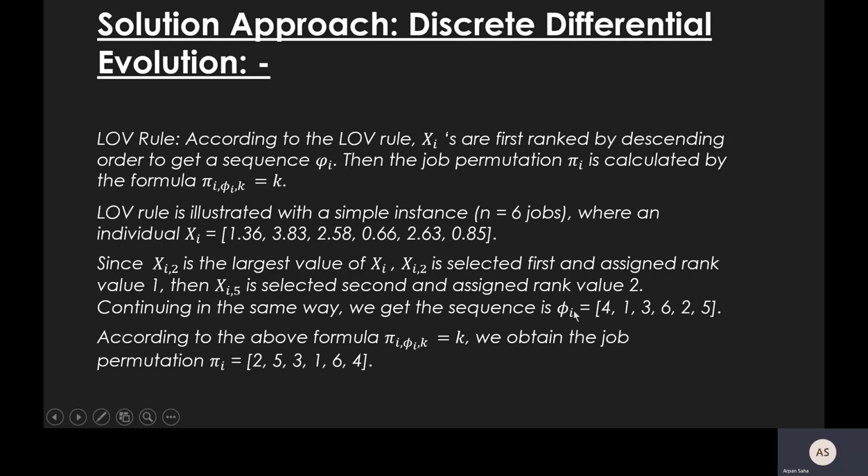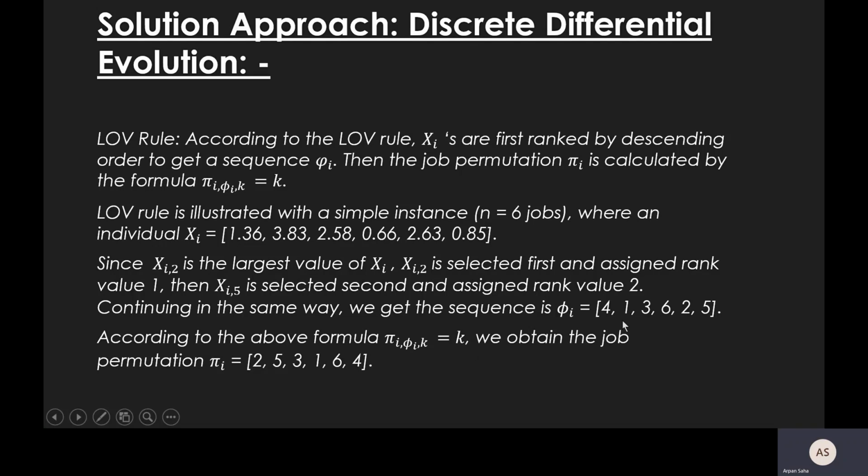And lastly, we get the final sequence vector as pi I from this phi I. So how do we get pi I from phi I? This is the formula: at the phi I comma k position of the pi I vector, we will have the value k.